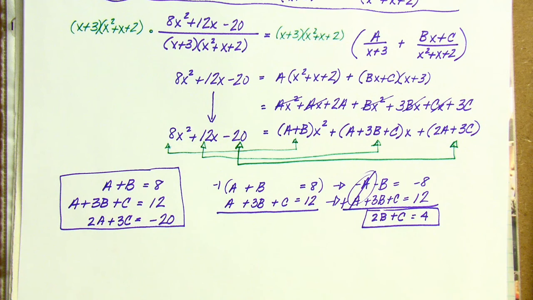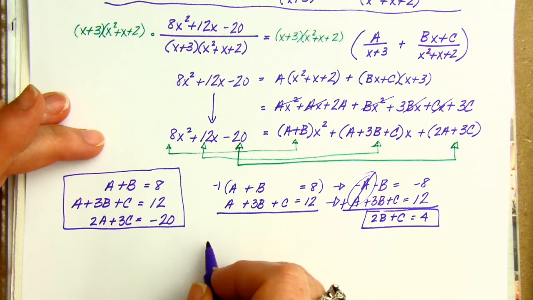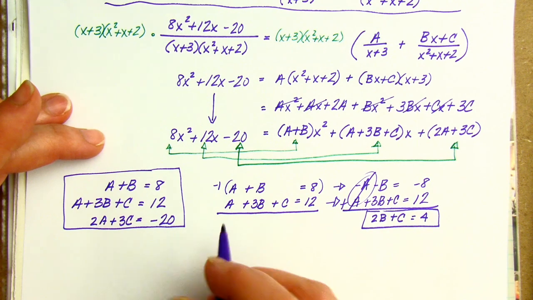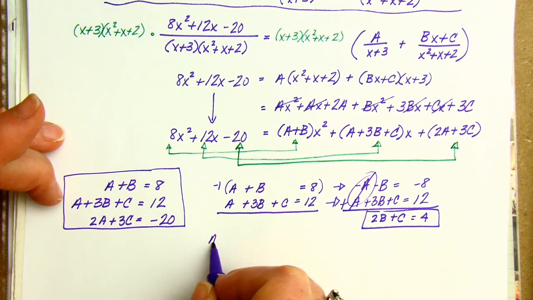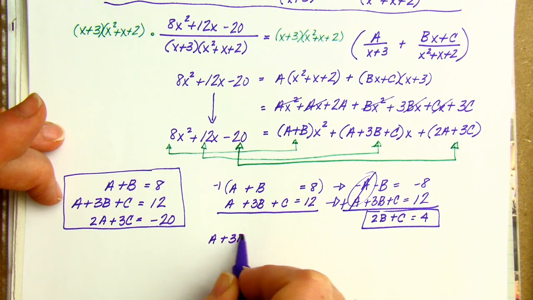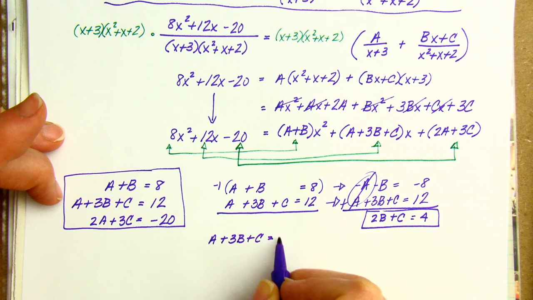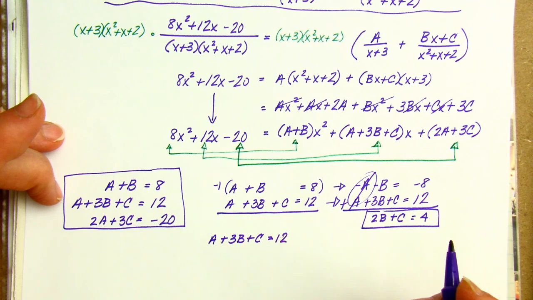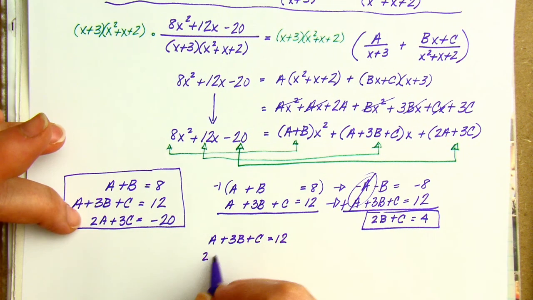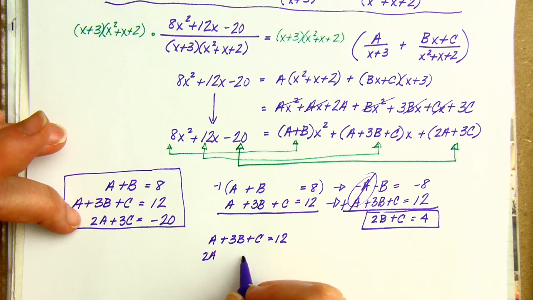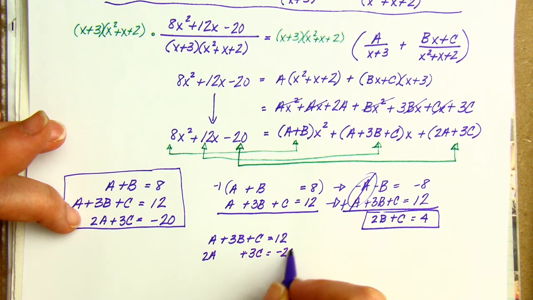I'm now going to put equations 2 and 3 together. So when I do that, a plus 3b plus c is 12. 2a plus 3c is negative 20.